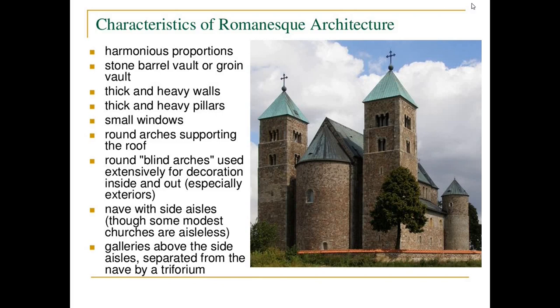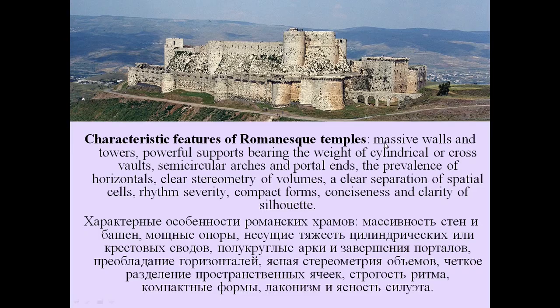Triforium is a kind of window that looks like three in one. In other words, it is one window that is divided into three parts by small columns or semicolumns.